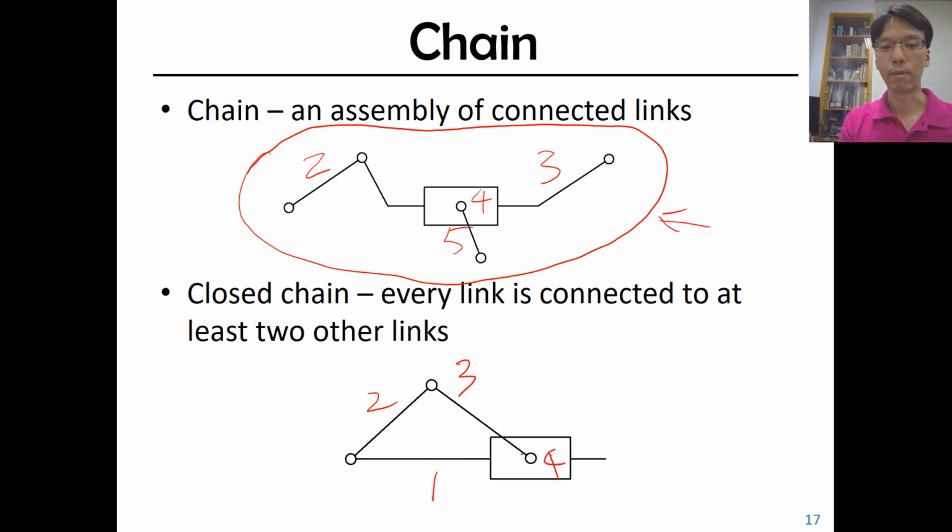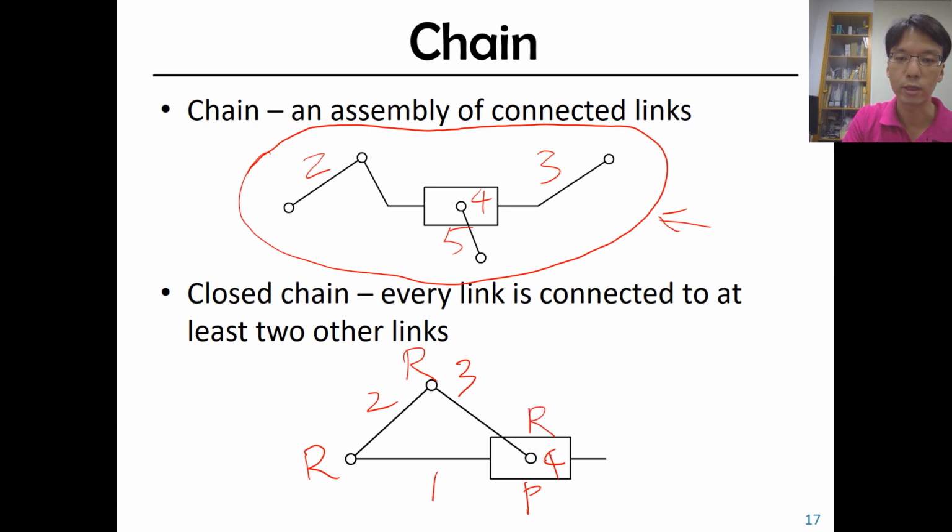We see if this is true in the bottom mechanism. Say link 1 is connected to link 2 with the R joint, and also connected to link 4 with a P joint. How about link 2? Link 2 is connected to link 3 with an R joint and link 1 with an R joint. Link 3 connects to link 2 with an R joint and to link 4 with an R joint.